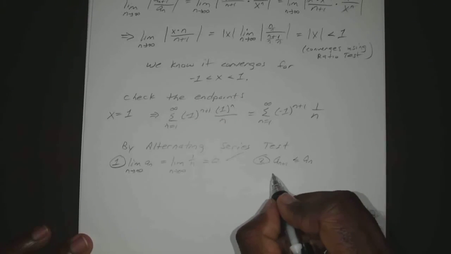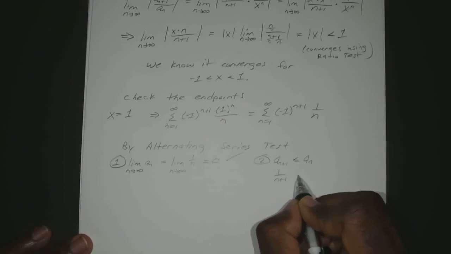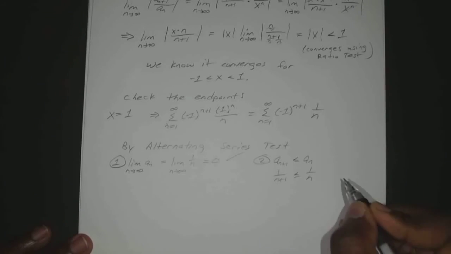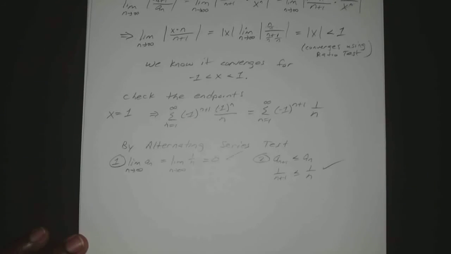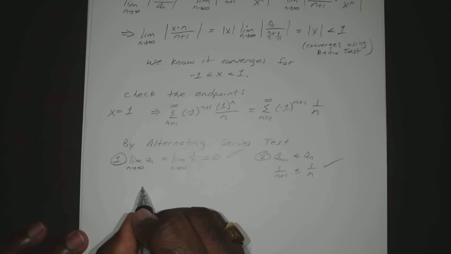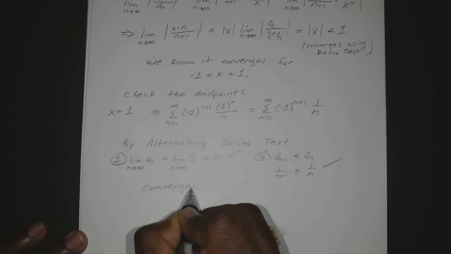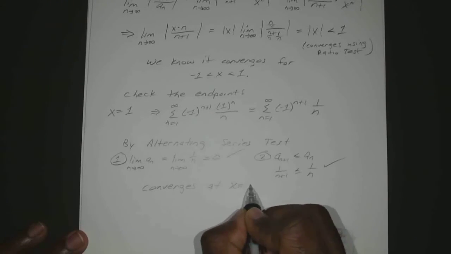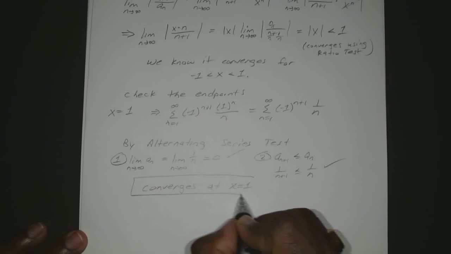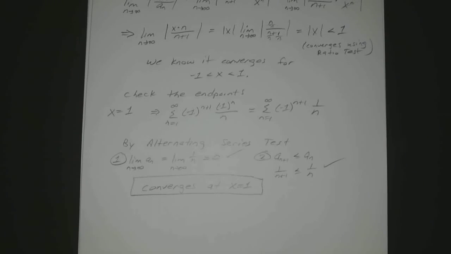So that means we have 1 over n plus 1 is less than or equal to 1 over n, which is also true. So we know it converges at x equals 1. Okay, so we got half of it down. Now we just have to plug in negative 1.